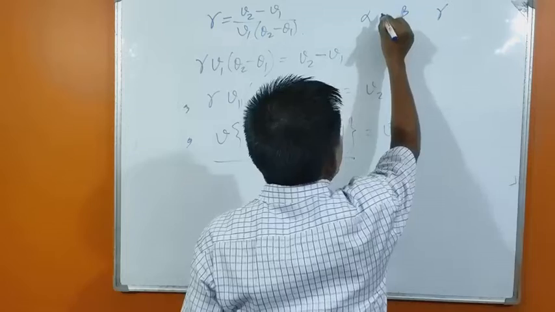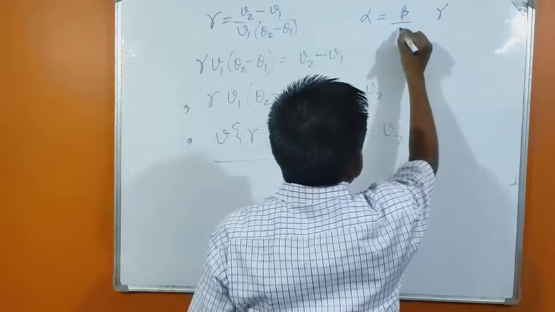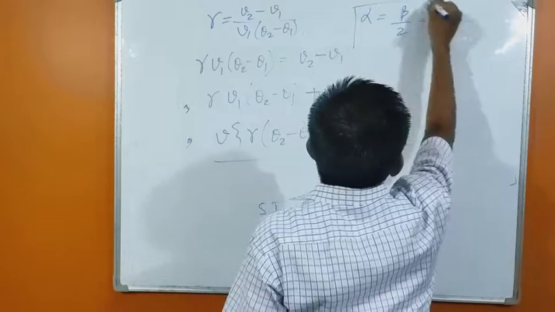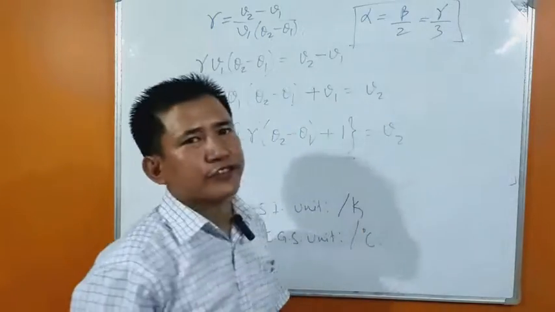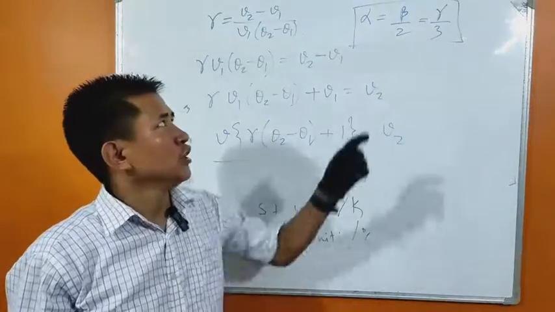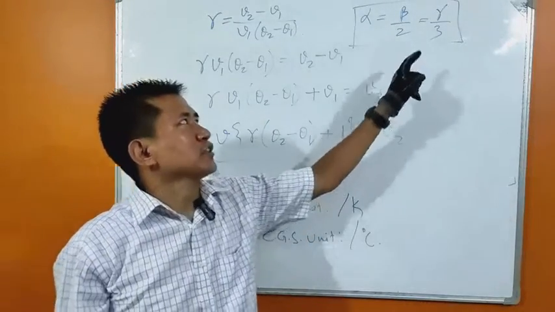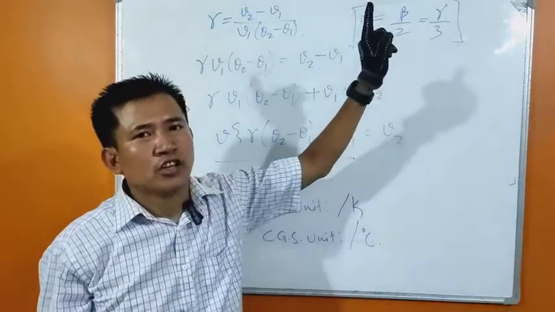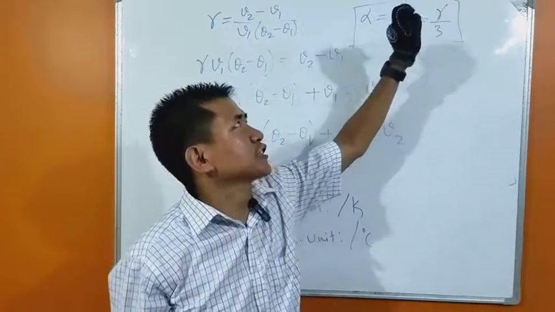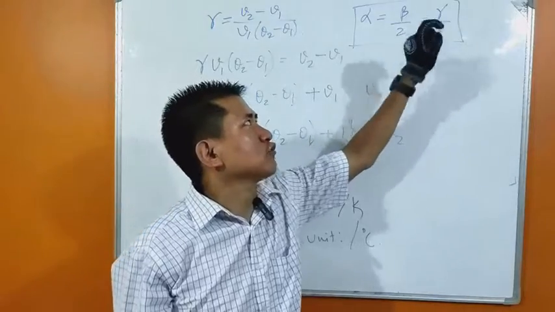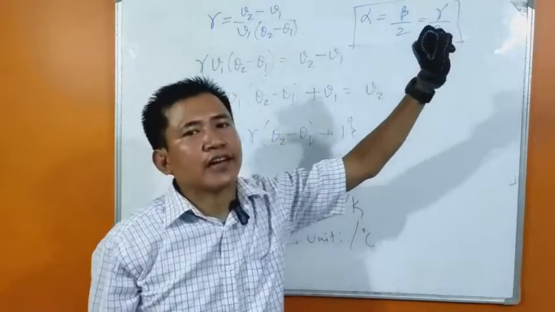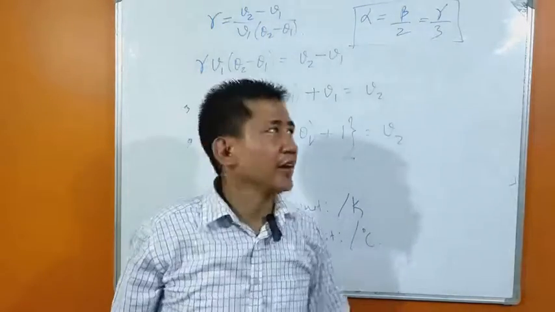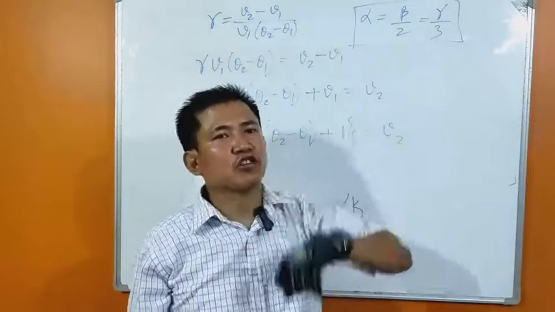They are related in this way: alpha equal to beta by 2 equal to gamma by 3. This is the relation among three coefficients of solid. Coefficient of linear expansion of solid is equal to coefficient of superficial expansion or surface expansion of solid by 2. It's equal to coefficient of cubical expansion or coefficient of volume expansion of solid upon 3. Okay, this is the relation among the three coefficients.